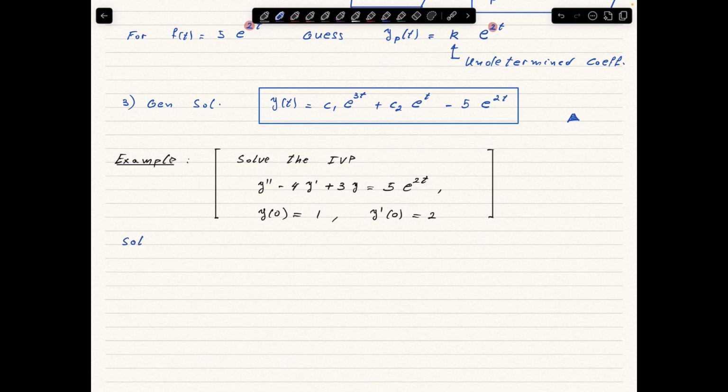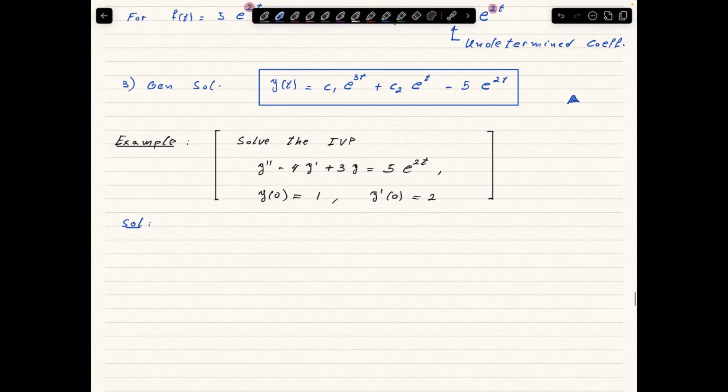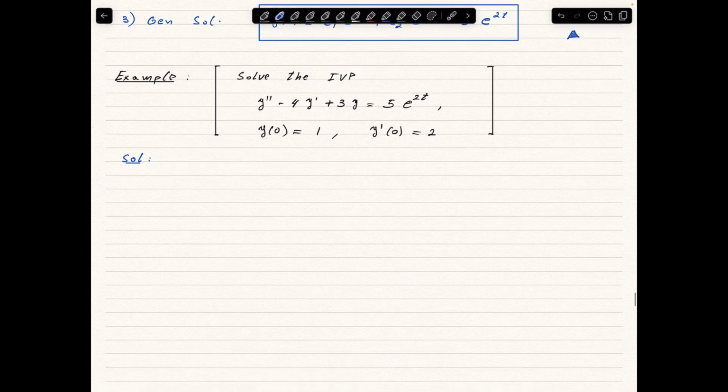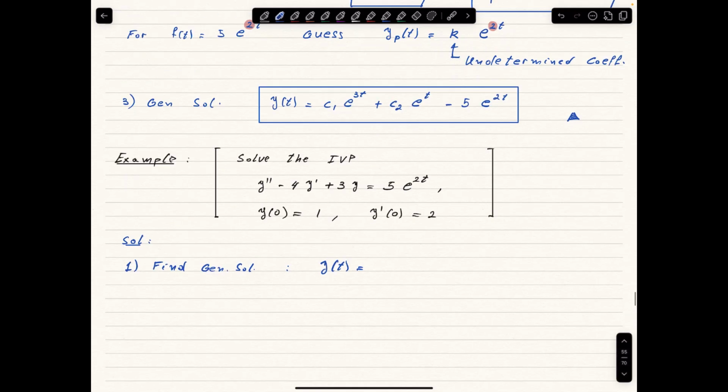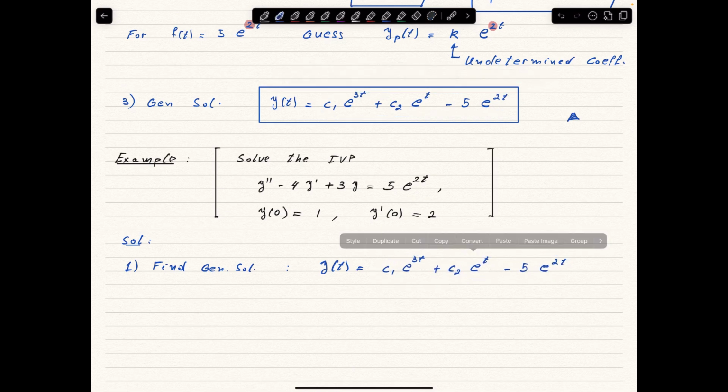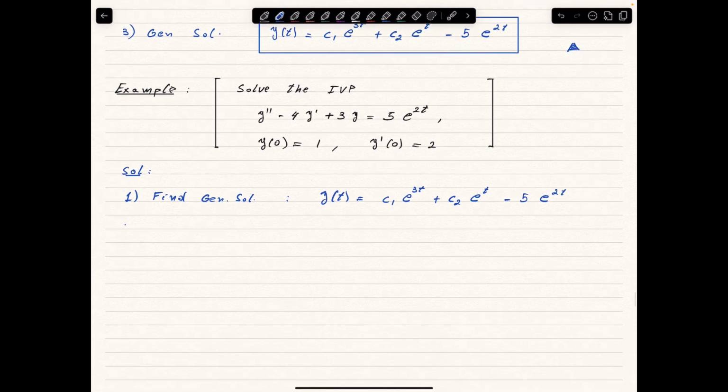The solution is just a simple calculation. So first, find the general solution to solve an initial value problem. We already did, and this y of t is right here. So let's copy this over, and now the initial conditions.